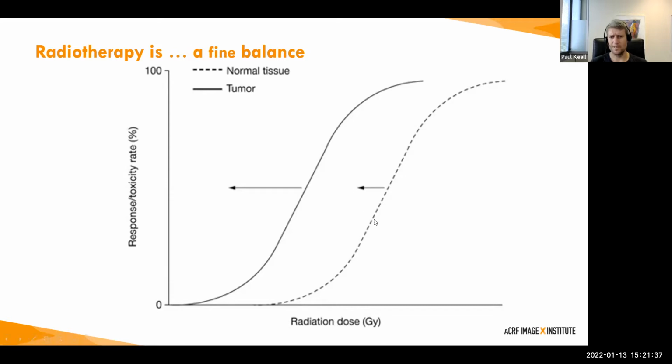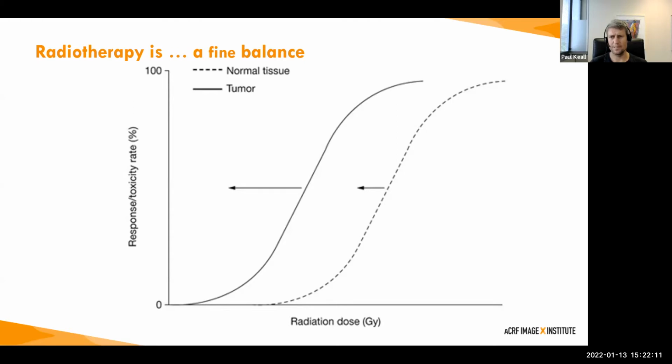The goal of a lot of the research is trying to make the treatments less toxic. It's trying to separate the curves so that we've got a larger difference between the dose required to cure, or to achieve treatment effect, and the dose that will cause harm.